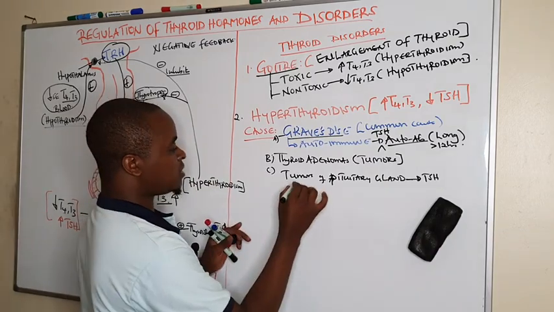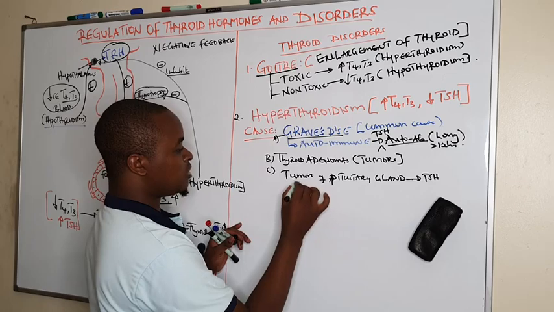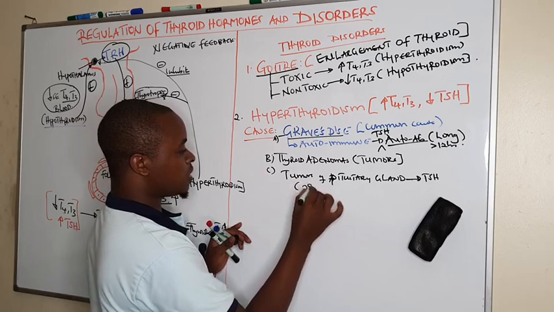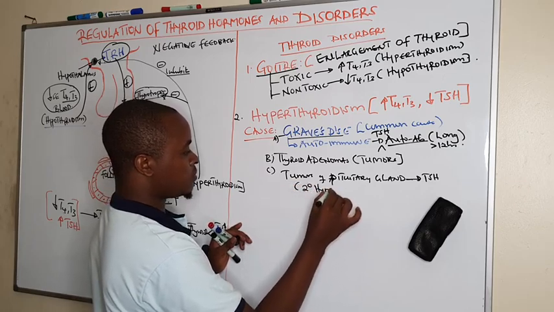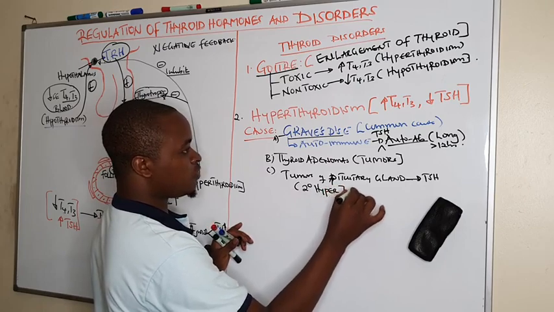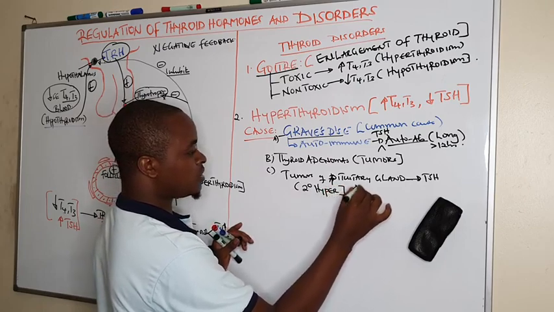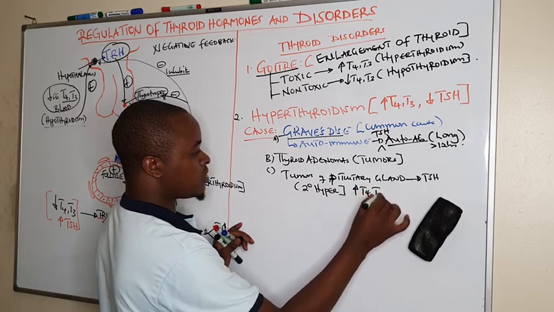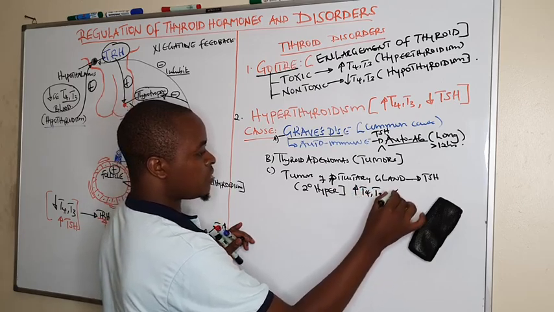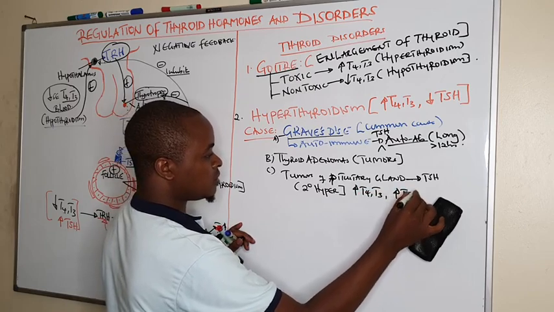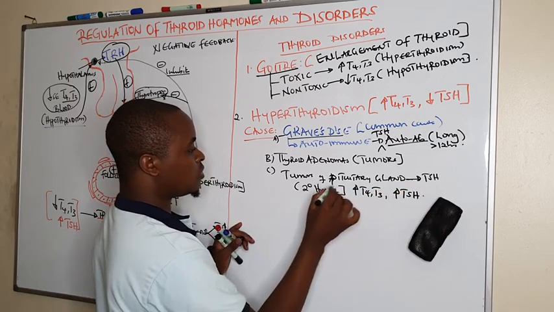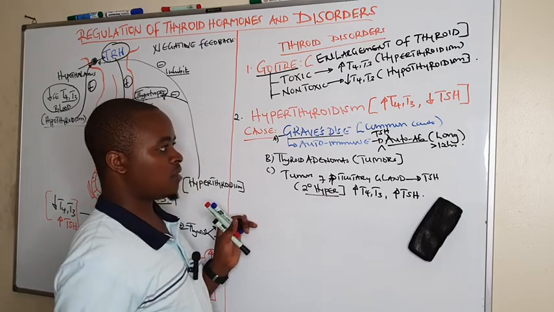So if this is the tumor of the pituitary which causes secondary hyperthyroidism, the results you find are both increased T4 and T3 accompanied with increased levels of TSH. This is what we call secondary hyperthyroidism.